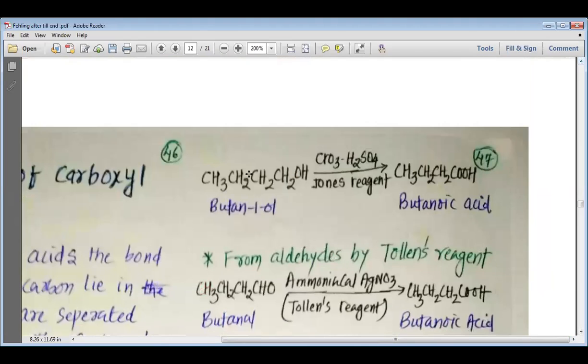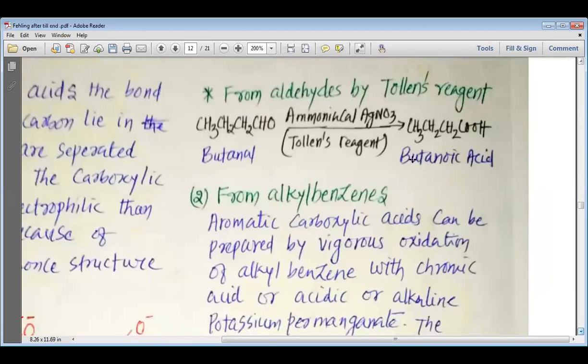Then let us look at some other examples. If we have butan-1-ol with 4 carbons, in the presence of the Jones reagent, it is converted into butanoic acid. We must know that from aldehyde also, we can prepare carboxylic acid.